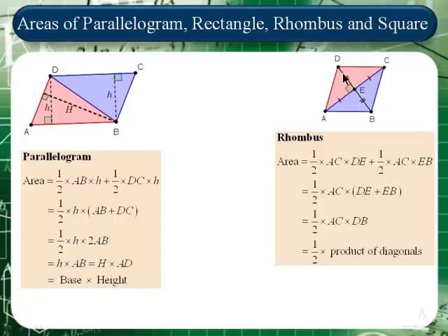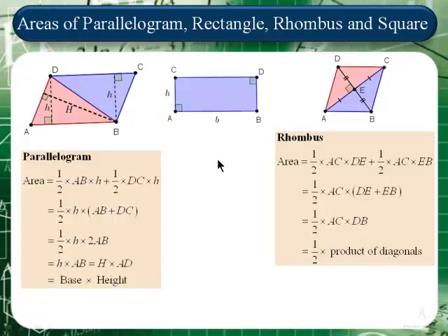So that is the red triangle's area. In a similar way, the area of the blue one is half the base AC times the height, which is EB. So we can take half AC out as a common factor, and we get DE plus EB, but DE plus EB is the diagonal DB, so we get half the product of the diagonals.